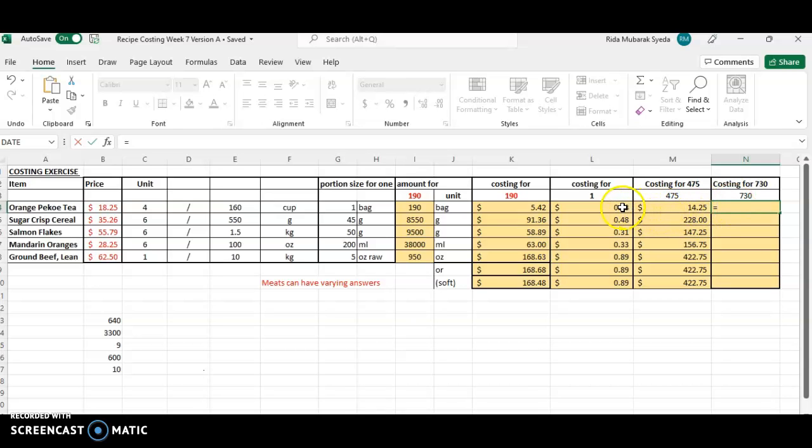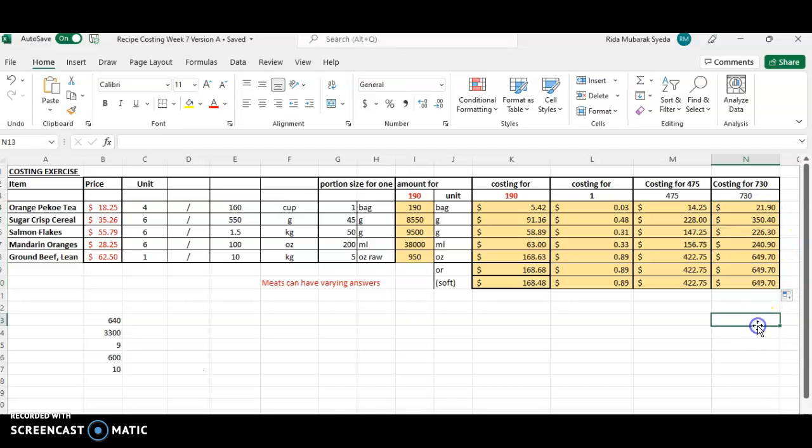So equal to, take this, multiply it by this, and do the absolute cell reference, enter, and then we'll just drag it down. And there you go, we have the price for all the other ones, and it will be the right price because we already rounded it over here on this one.